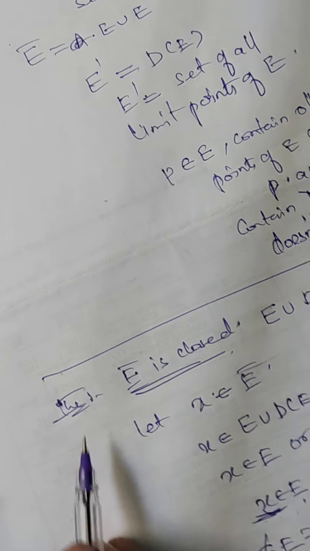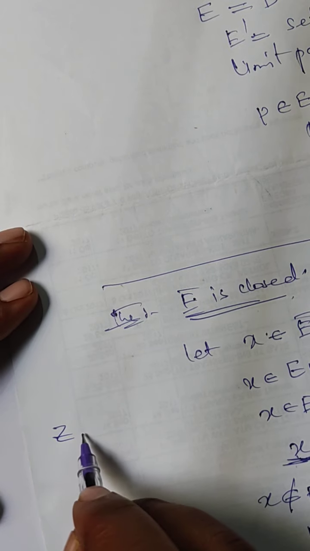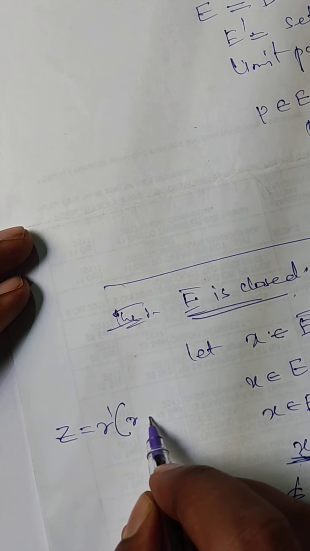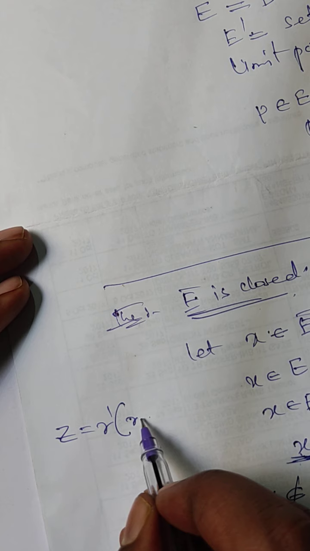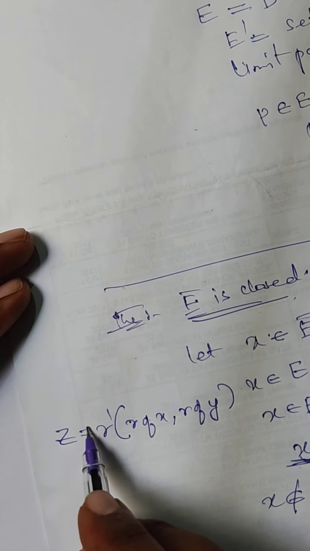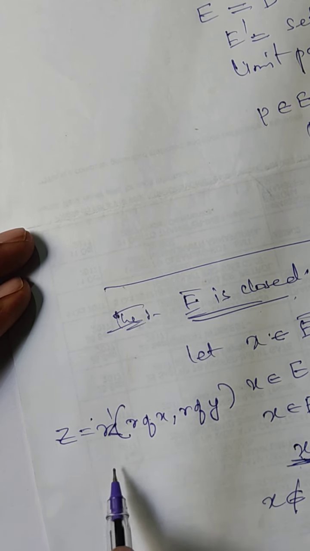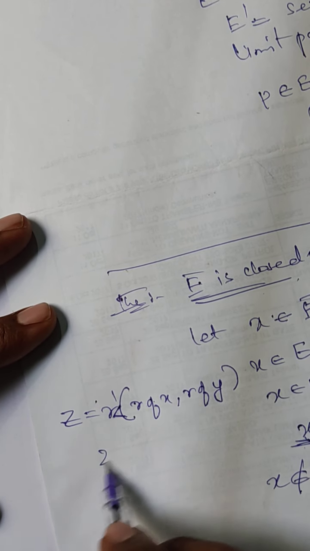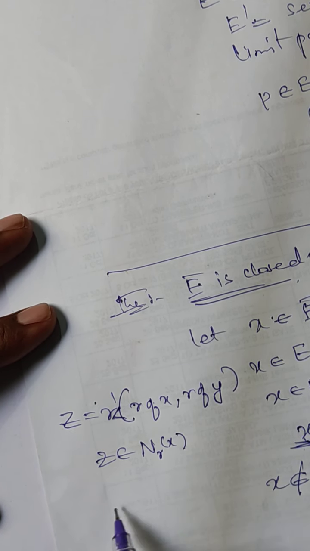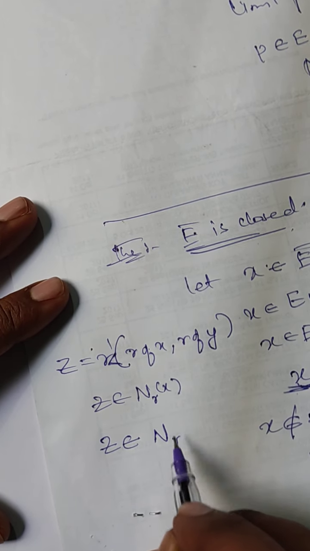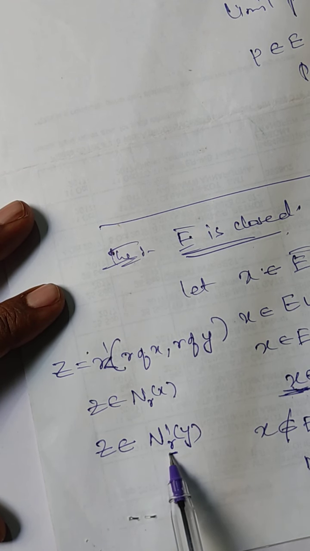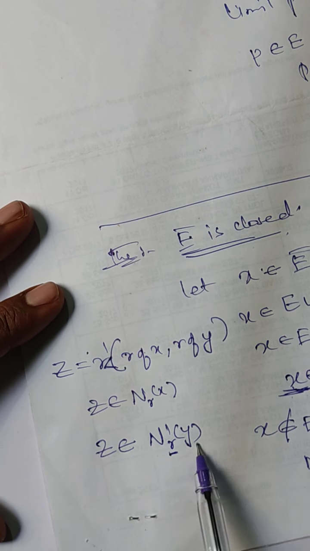Let, for example, Z, with a radius r dash less than the radius r of X. Then Z belongs to N_r dash of Y, and N_r dash of Y belongs to N_r(X).